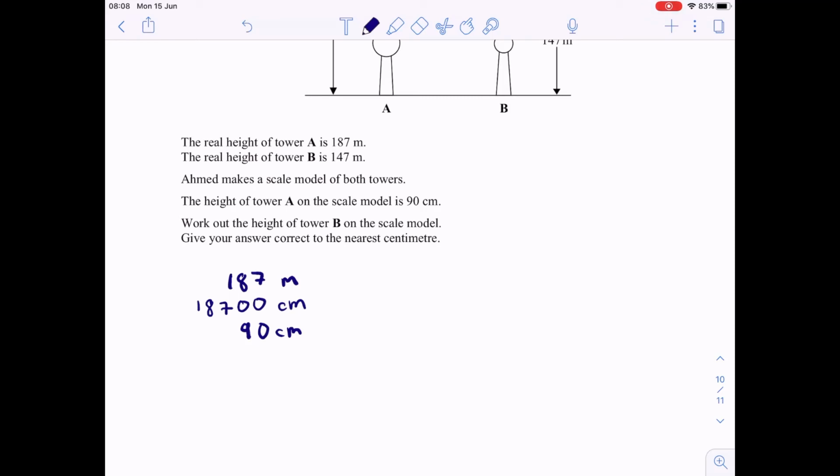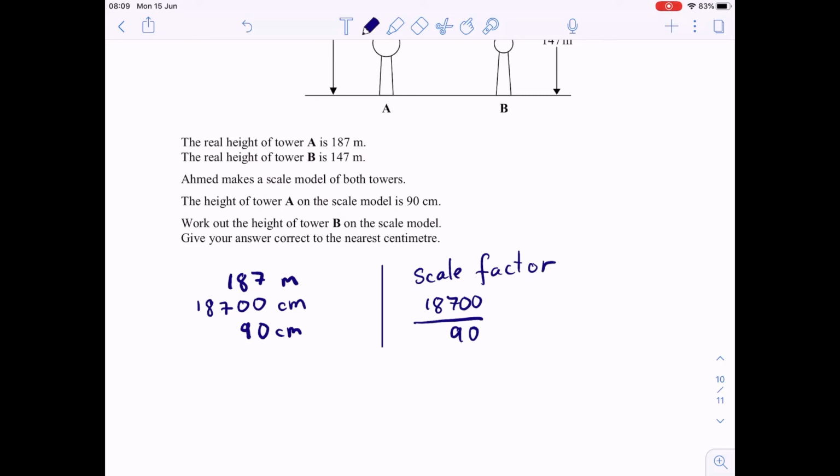So what's the scale factor here? Well, our scale factor is going to be 18700 divided by 90.